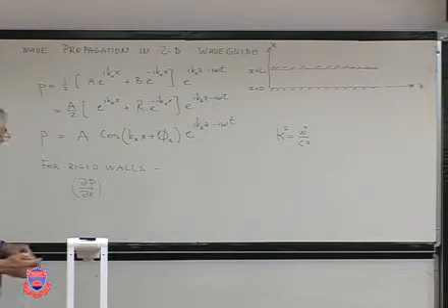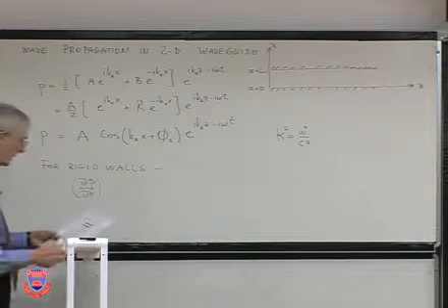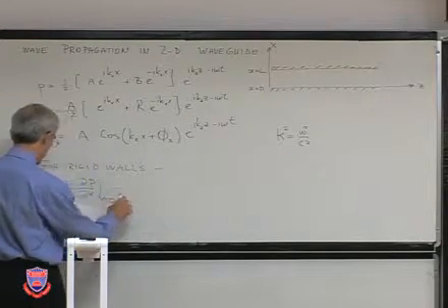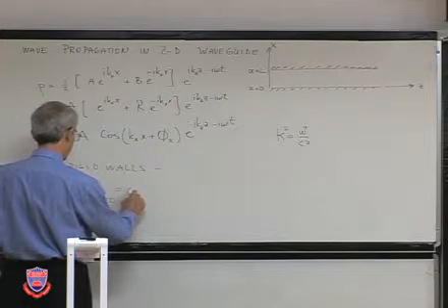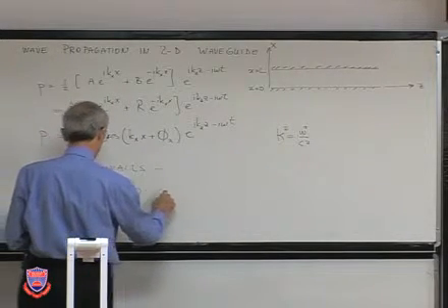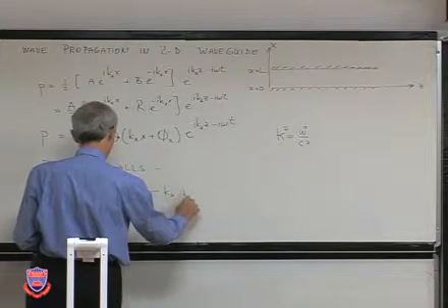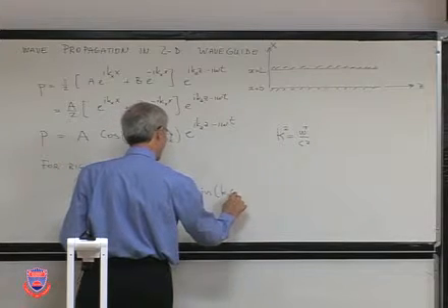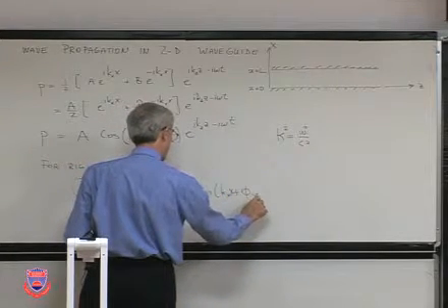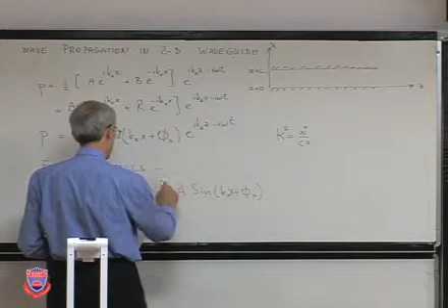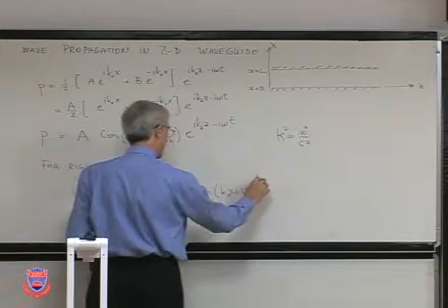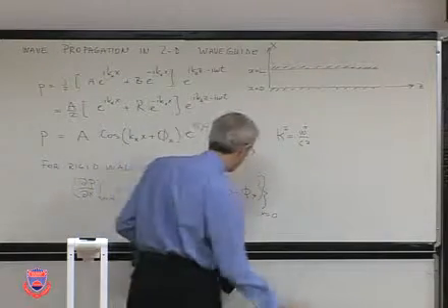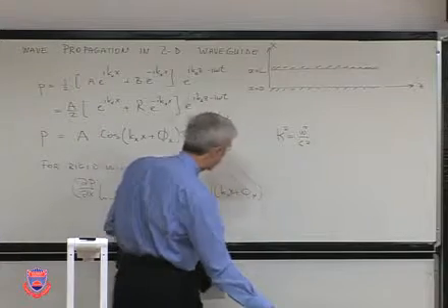The particle velocity is 0, and that means the gradient of pressure is 0, and that gives us... Let me complete.